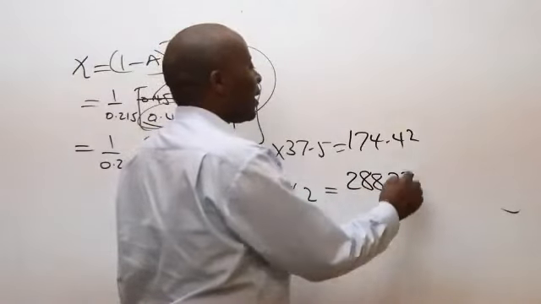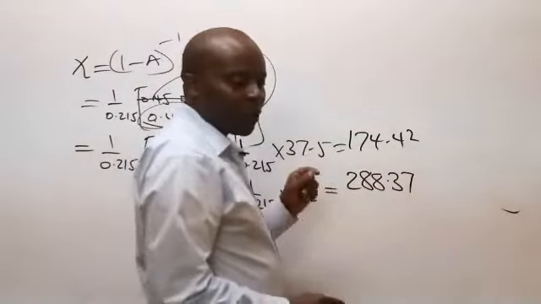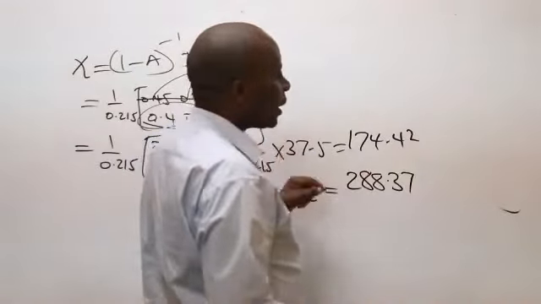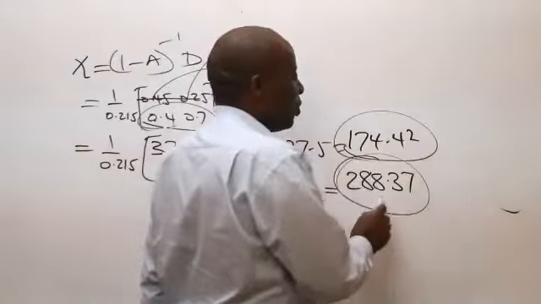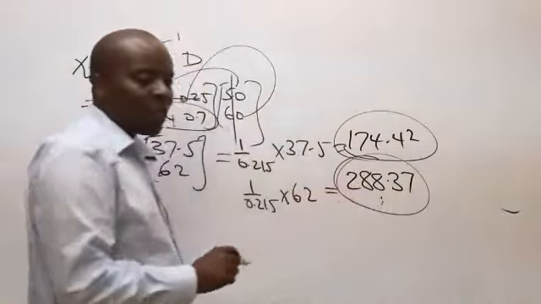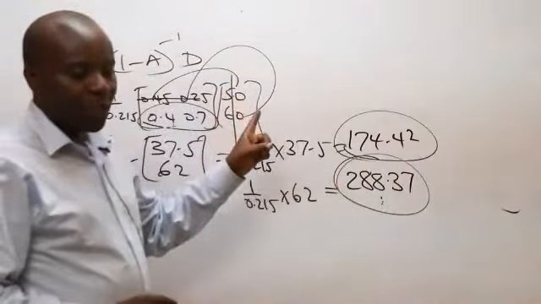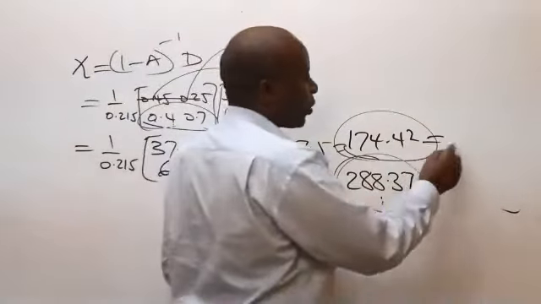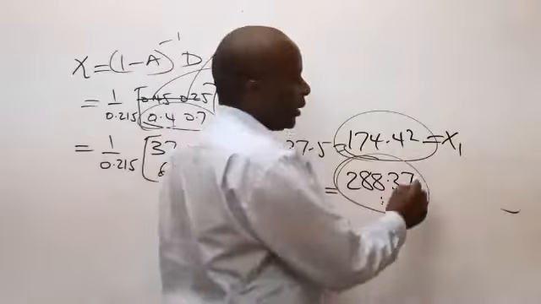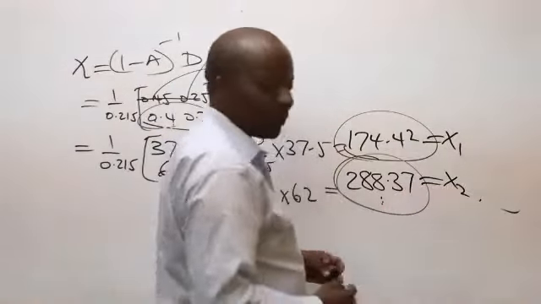So it means that for these two sectors to be able to satisfy total demand, they must endeavor to produce these outputs. So these are our predicted outputs. These are our X values, and because there are two X values, this could be my x1, and this could be my x2.